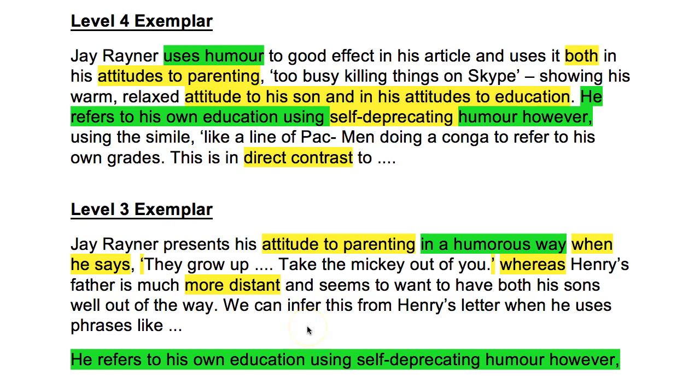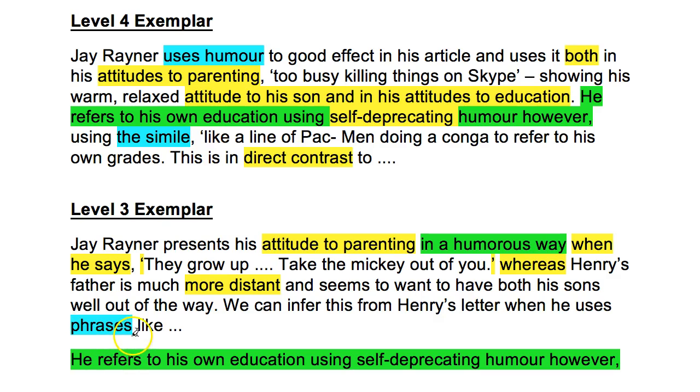Okay, and then the final thing that I need to show you is how the candidate chooses to write about methods. So one method, of course, was humour, and in the level 4 answer, this candidate is also going to write about the simile, whereas here there's a more general description of the technique, phrases.